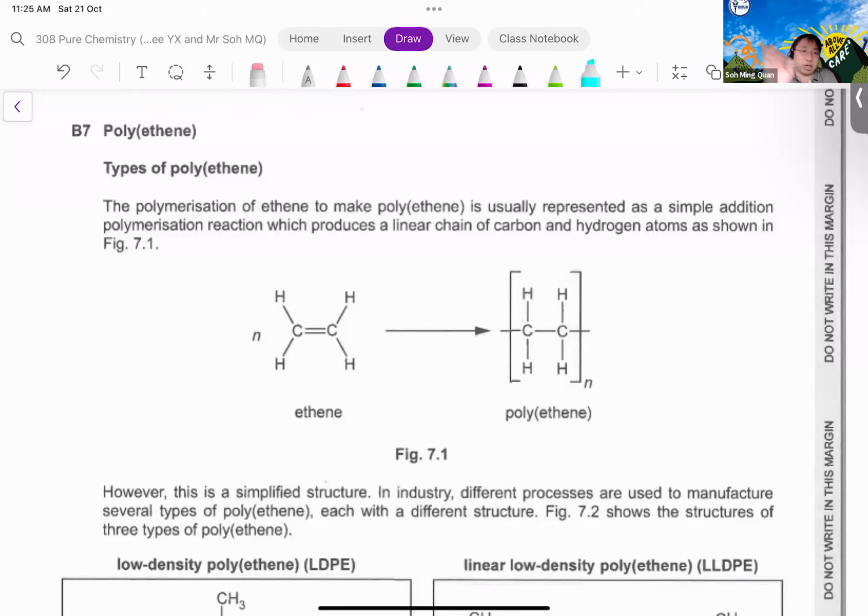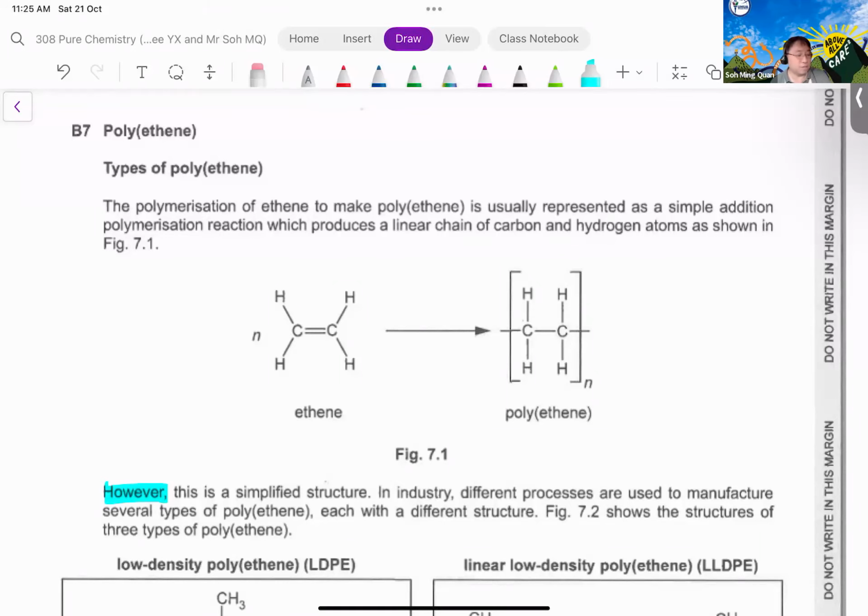So this first reaction in 7.1 is not difficult. You know this. However, in English, however means now I talk about contrast, something different, right? So now you must pay attention. Words like however should capture your attention. So however, this is a simplified structure. Yes, it's simplified.